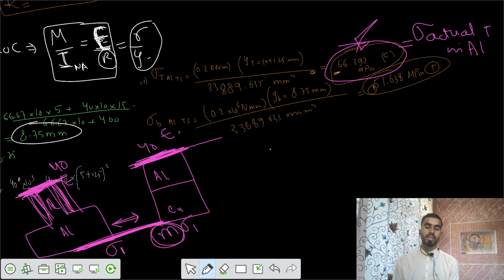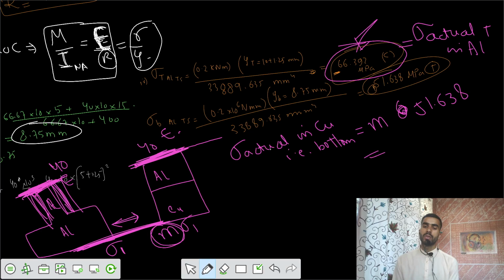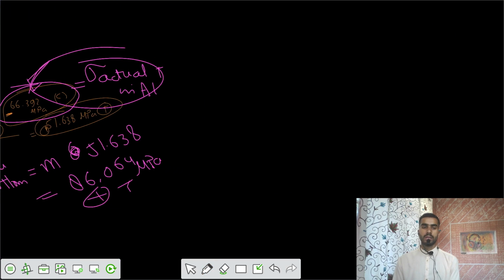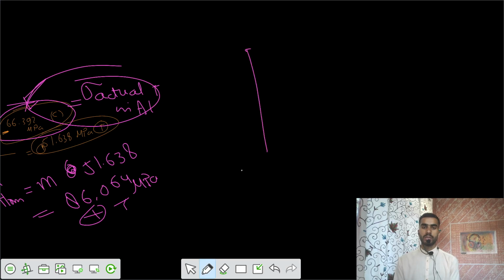So sigma actual in the copper at the bottom equals m times 51.638, which comes out to 86.064 megapascal, and that should be tensile. The first one was compressive, 66.392, and the bottom one tensile, 86.064.